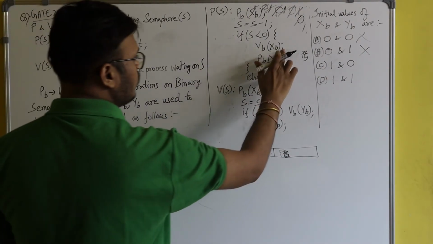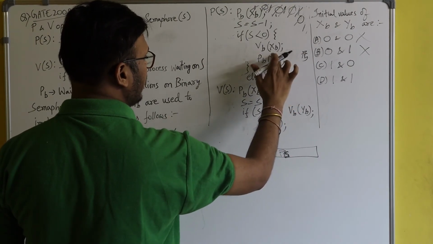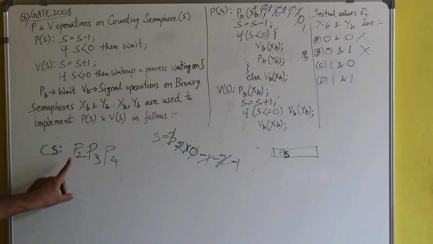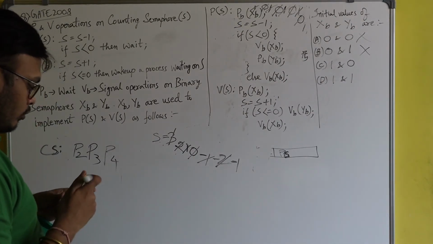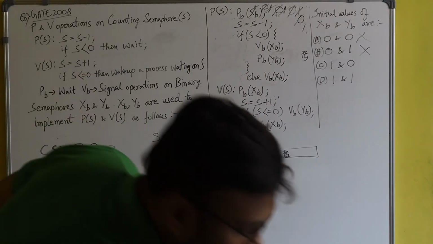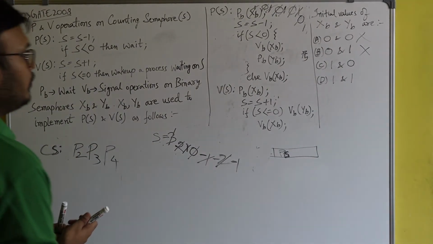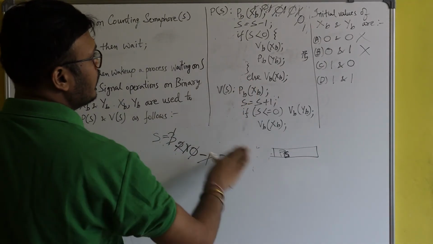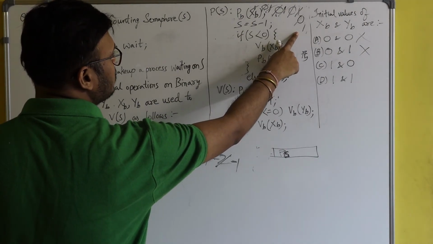Fine. So now how will P5 enter into the critical section? Suppose the task of process P2 is over. So what will process P2 do? P2 will execute this line. The value of XB has become 1.